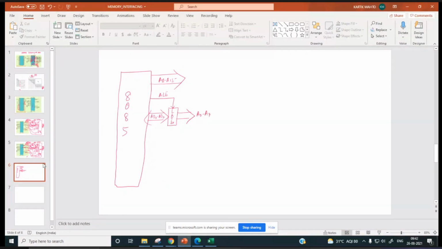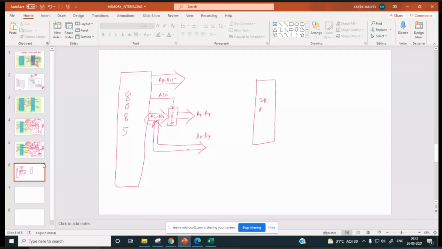And from here it will come out, which will be D0 to D7, right? Here we have a ROM chip of say 2K ROM.